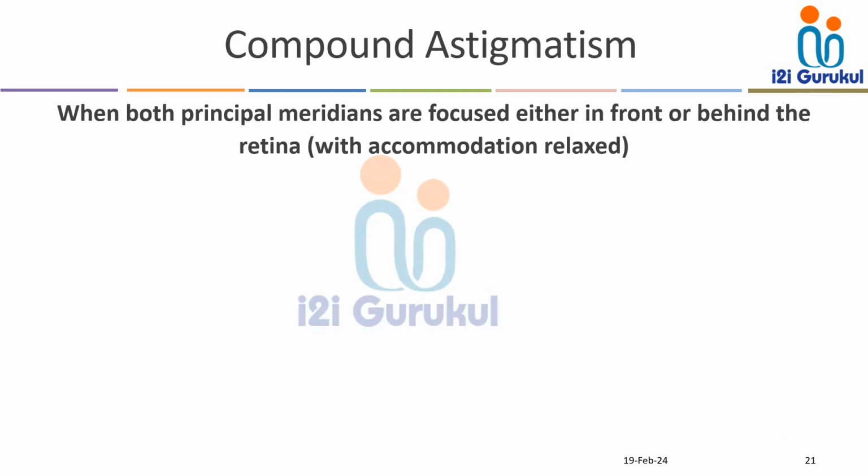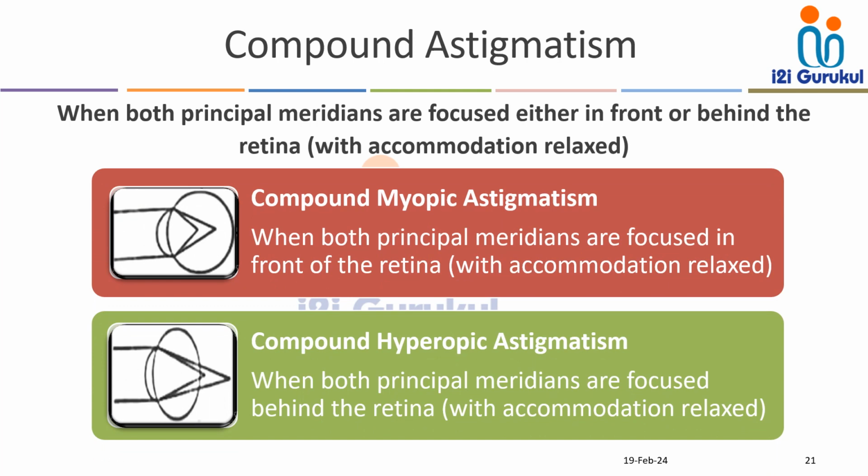Now moving towards compound astigmatism, when both the principal meridians are focused either in front of or behind the retina with accommodation in the relaxed condition. So here we have two types of compound astigmatism: one is compound myopic and the second one is compound hypermetropic astigmatism.